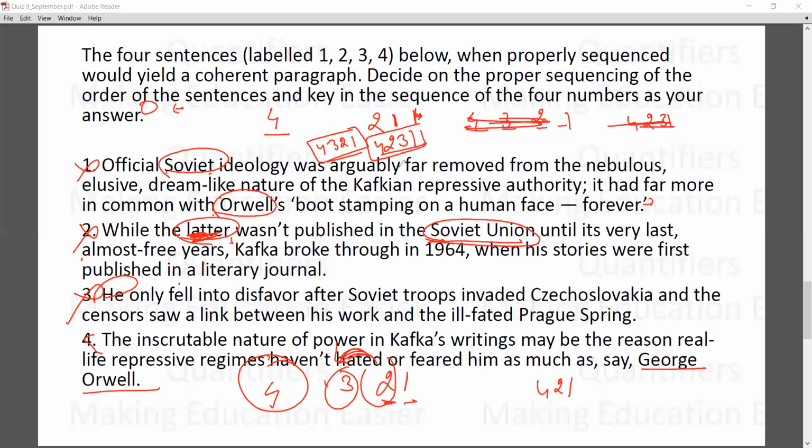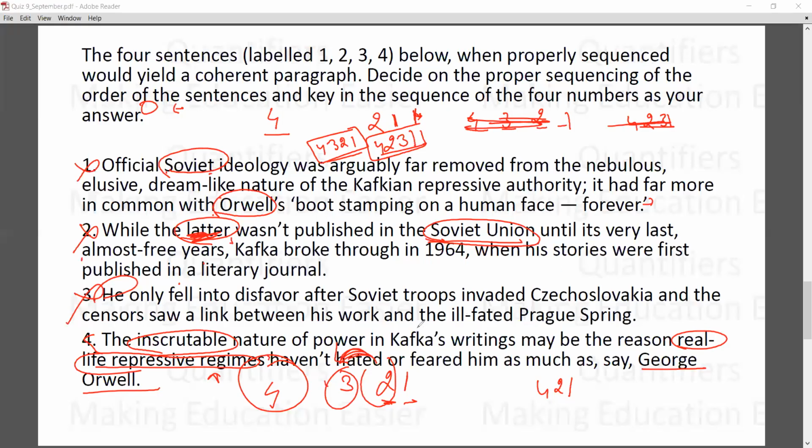So let's see what can be the correct version. The inscrutable nature of power in Kafka's writing. Now, inscrutable is something you cannot scrutinize, difficult to understand, mysterious. So the mysterious nature of power in Kafka's writing may be the reason real life repressive regimes... Now can you see, real life repressive regimes, it is presenting it in a very general manner, so definitely our opening sentence.